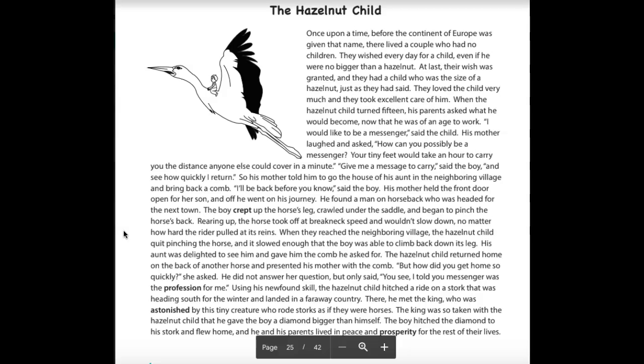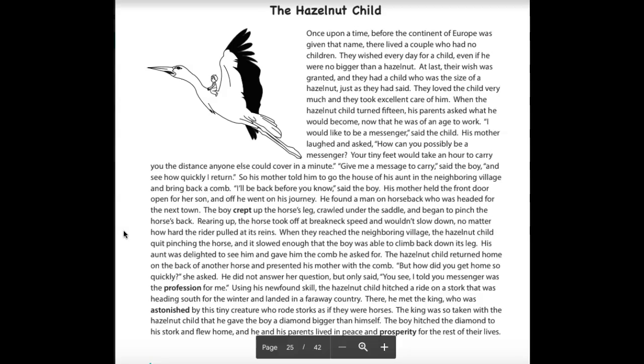He found a man on horseback who was headed for the next town. The boy crept up the horse's leg, crawled under the saddle, and began to pinch the horse's back. Rearing up, the horse took off at a breakneck speed and wouldn't slow down, no matter how hard the rider pulled at its reins.